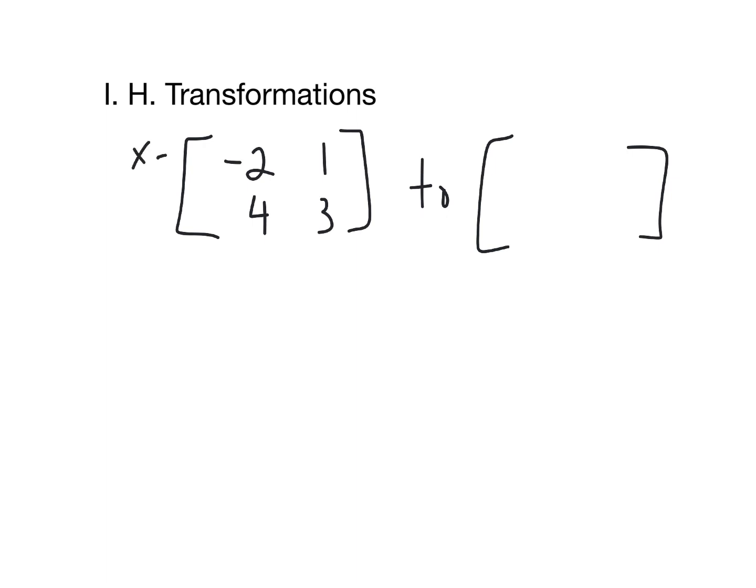What's going to happen when you have a matrix set up like this? These are going to be like your x coordinates on top. These are your y coordinates on the bottom. So this is like the point negative 2, 4, and 1, 3.